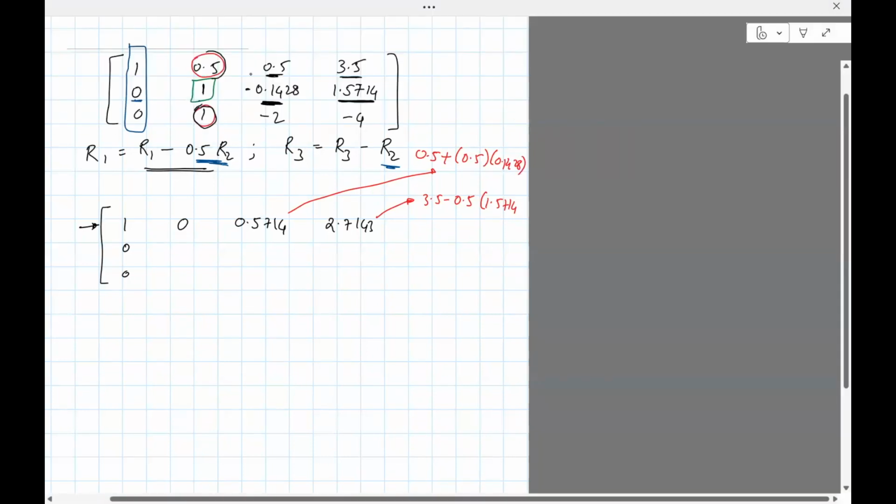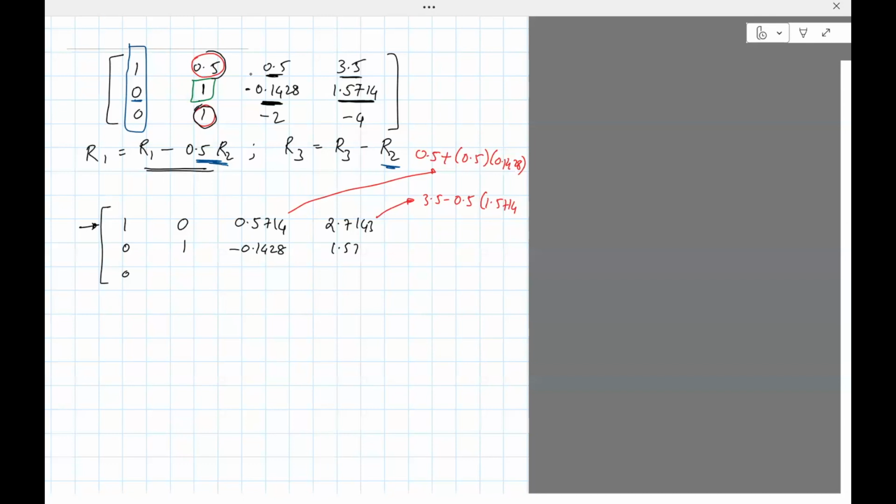Okay, the second row is unaffected, so 1, minus 0.1428, 1.5714. Now we can use this operation. This is kind of straightforward. You just have to take row 3 and subtract row 2.